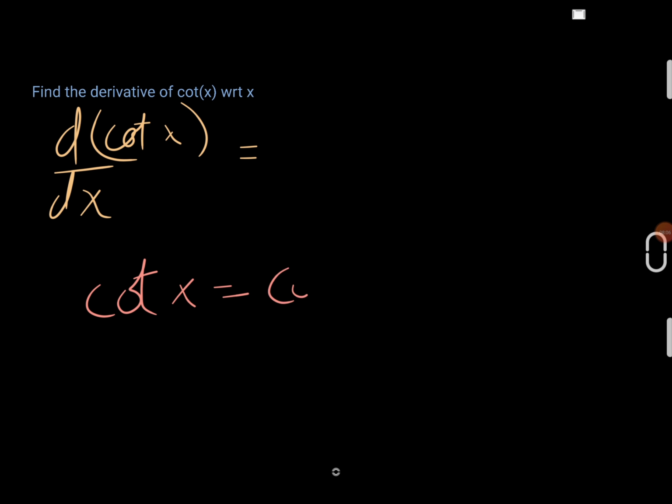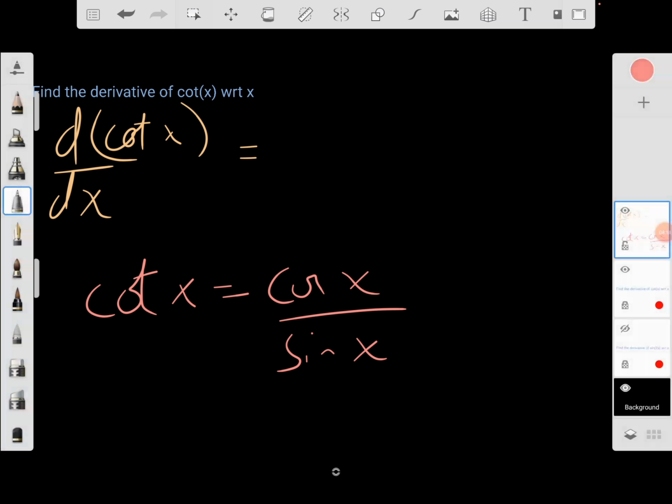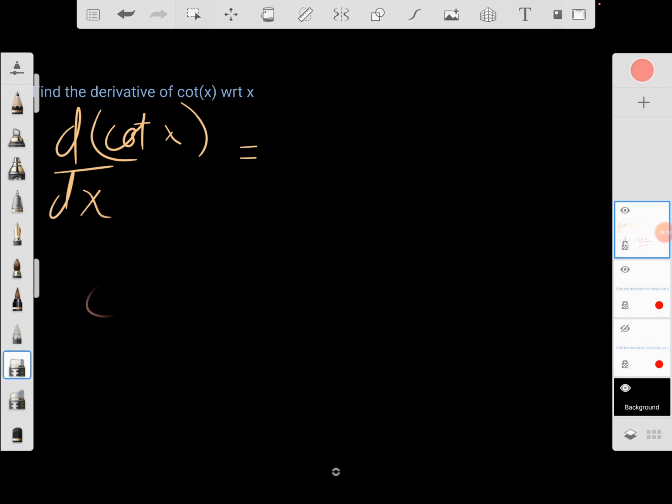Cot of x is equal to cos of x divided by sine of x, right? So applying that, what will we get? d by dx of cos of x by sine of x.